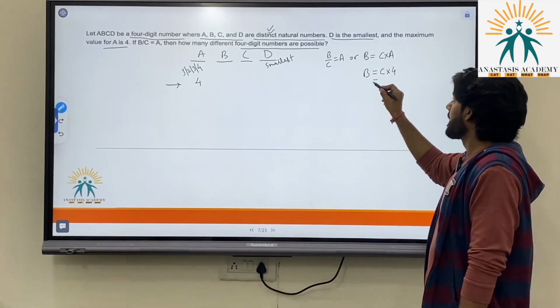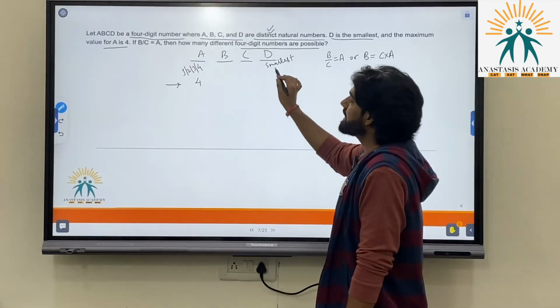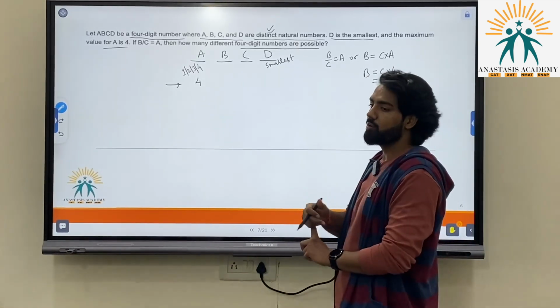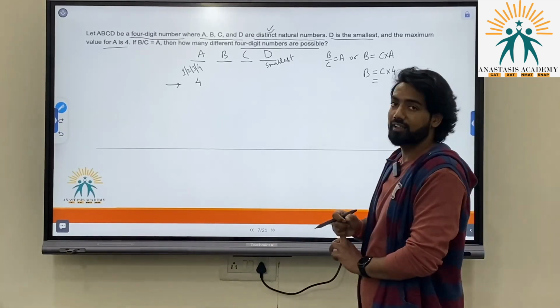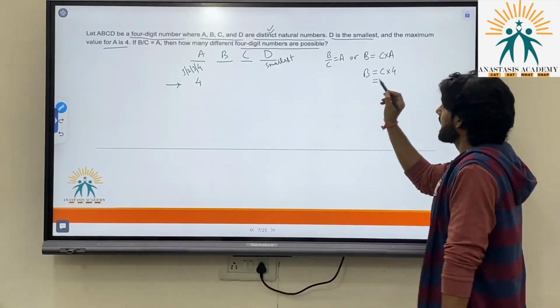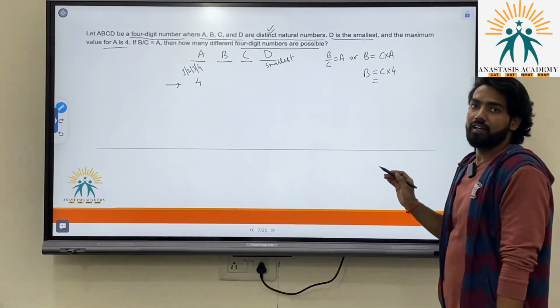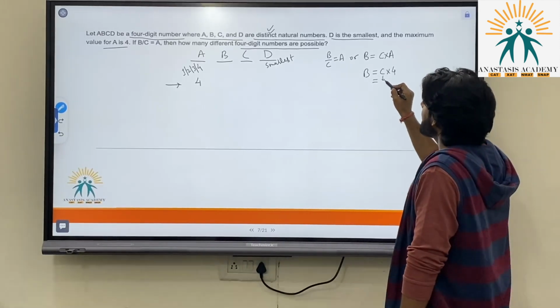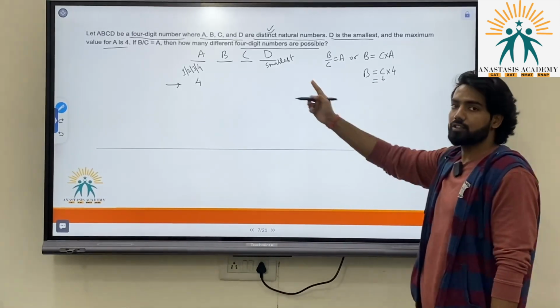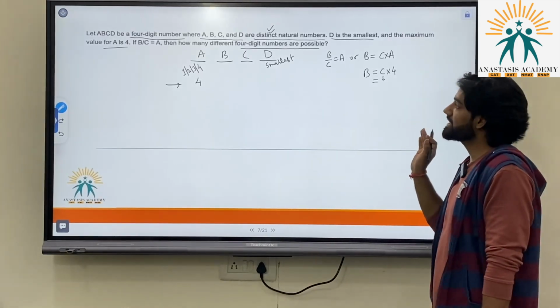Now see, I have to keep D smallest. So the first value I can give to D is 1. No other number can take value 1, because if I write C as 1, D has to be the smallest, so I cannot write C as 1.